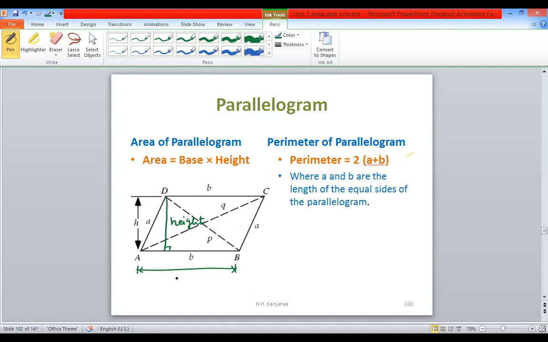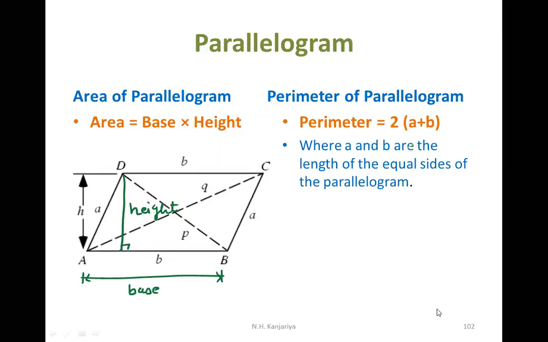So for the parallelogram, if you have a base and height, you are able to find the area of the parallelogram. If you have all sides, you are able to find the perimeter. So these are the formulas of the parallelogram.